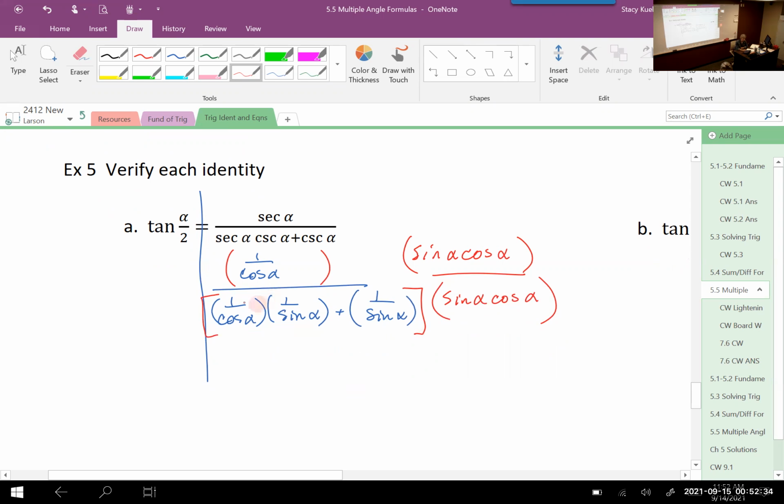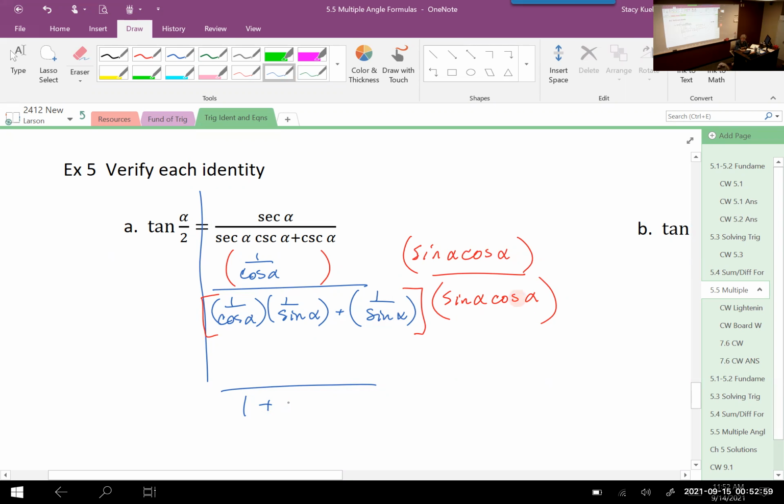Okay? So in this denominator over here, I have 1 over cosine, 1 over sine, multiplied by sine cosine. Notice that the denominator sine cosine disappears, leaving me with a 1 down there. Now I multiply 1 over sine times sine cosine, and what's left?